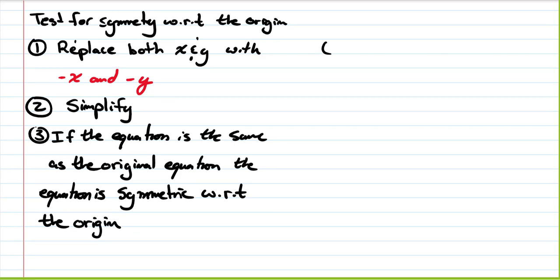So this time we're going to replace both x and y with their negatives. So we're going to have negative x squared over 16 minus negative y squared over 4 is equal to 1. And then we simplify.